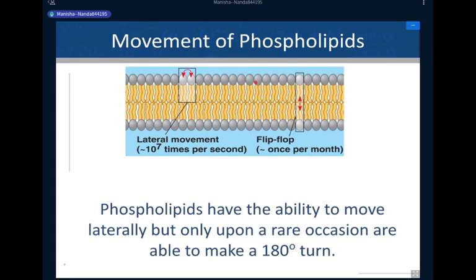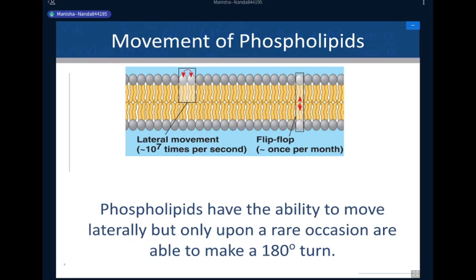Now, phospholipids are a component of the external membrane also, and I told you that during endocytosis, this membrane has a tendency to form vesicles and take cell material into the cell interior. So this means these lipids have to be constantly replaced.